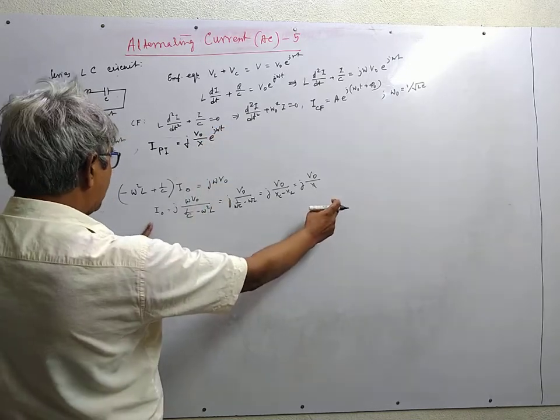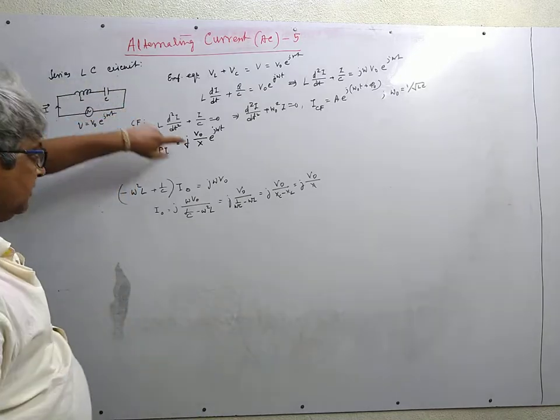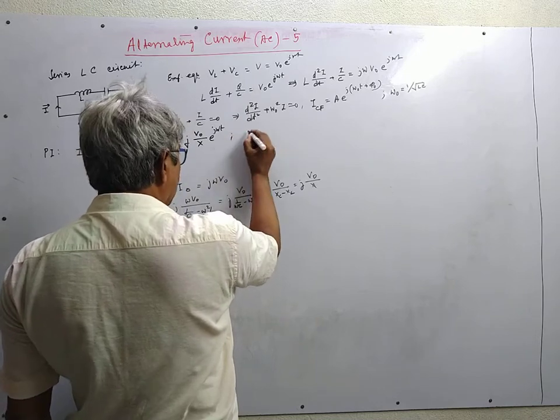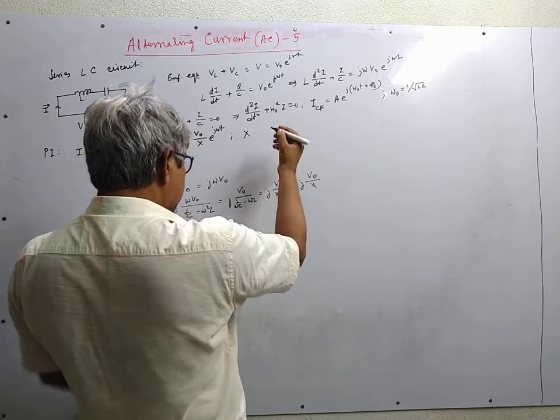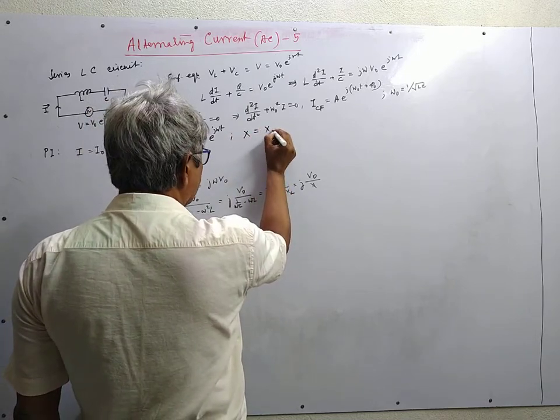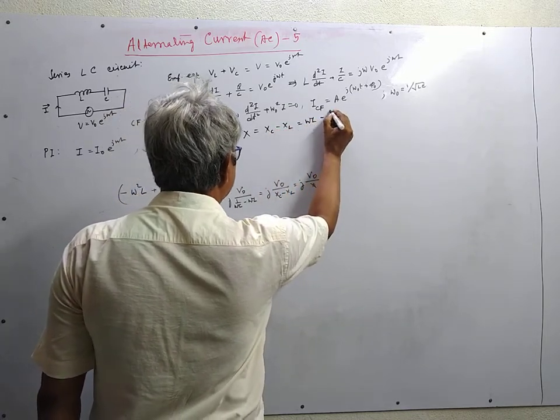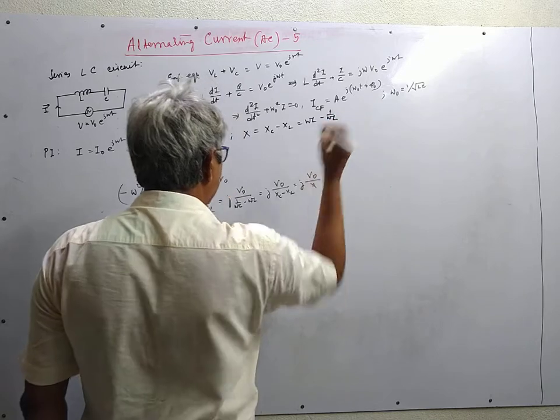This was the expression for I0. We must write e to the power j omega t to get the instantaneous current, where X is equal to Xc minus Xl is equal to 1 by omega C minus omega L.